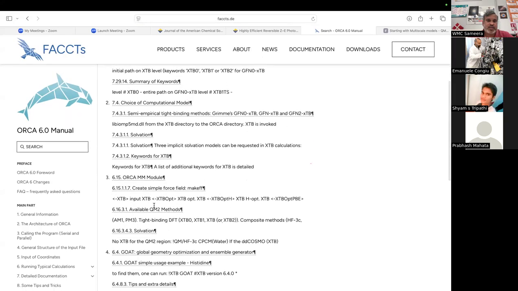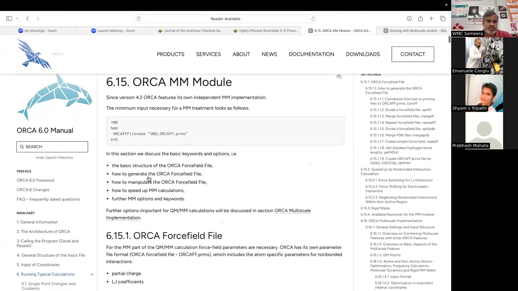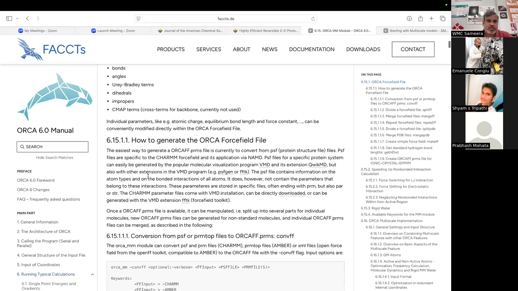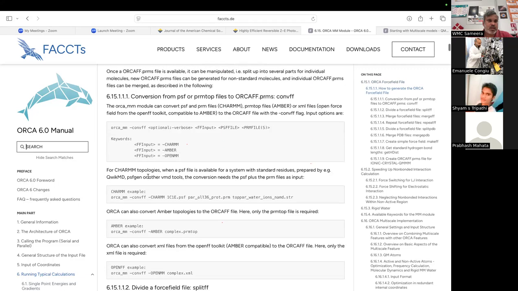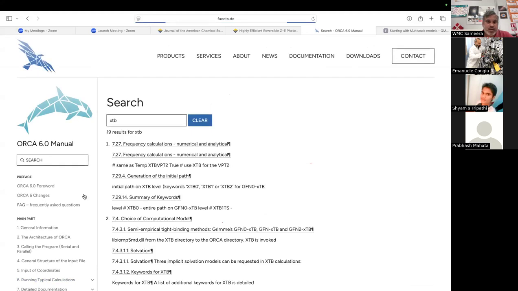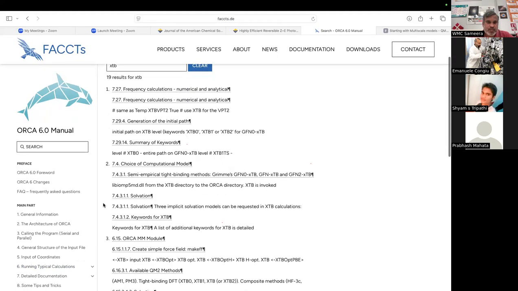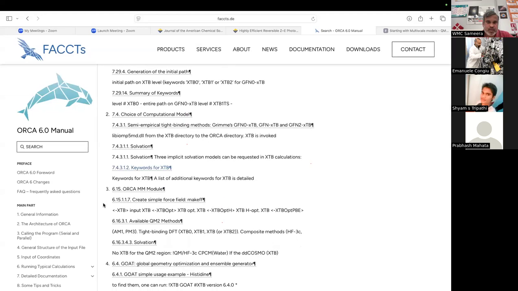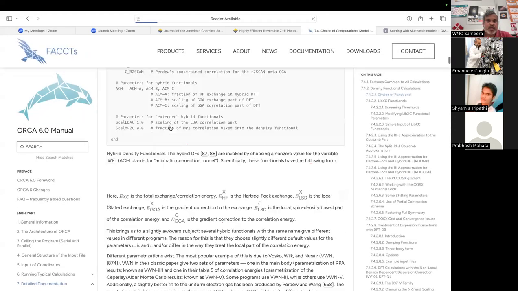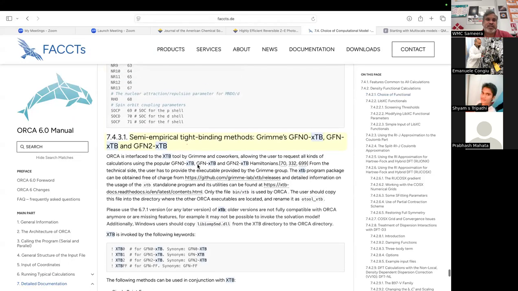Let's find the XTB. There are different versions of XTB.